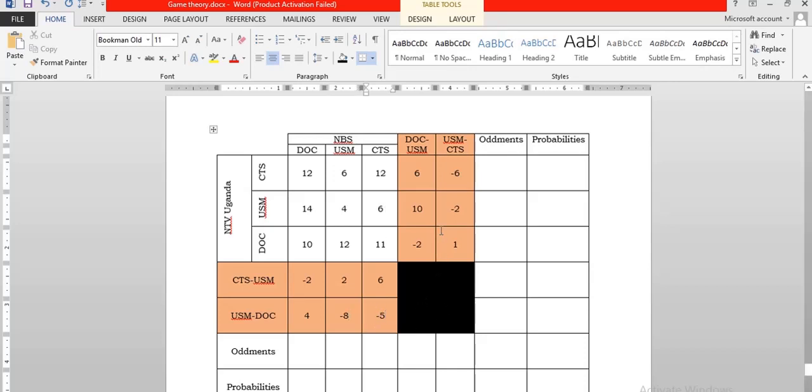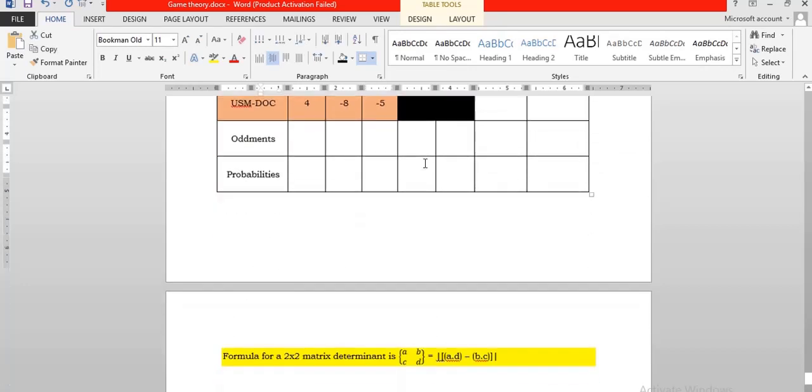Now from there we compute our oddments. How do we compute our oddments? We shade one area here and use determinants, and the determinant value is computed using this particular formula.